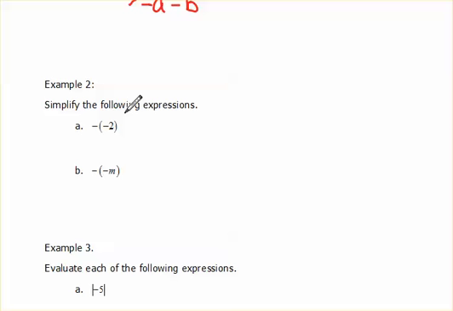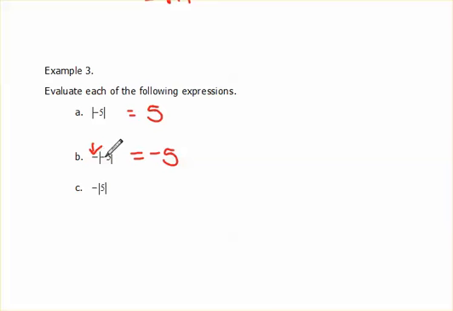So this says the absolute value of negative 5 is what we need to do first. Well, that literally again says how far from 0 is negative 5, and that would be 5 units. But we still have to take care of the negative that's on the outside. So that says the opposite of all of that. So the opposite of 5 would be negative 5.